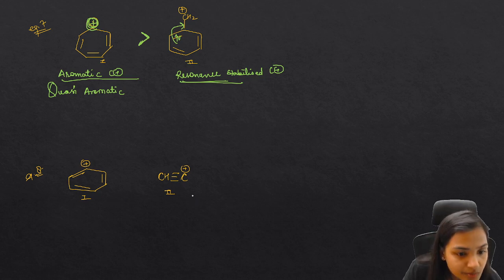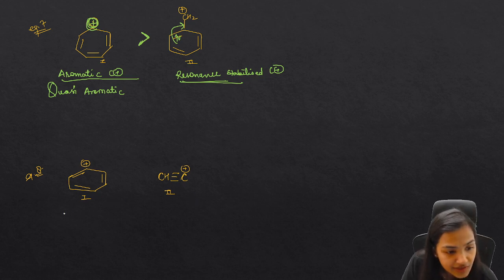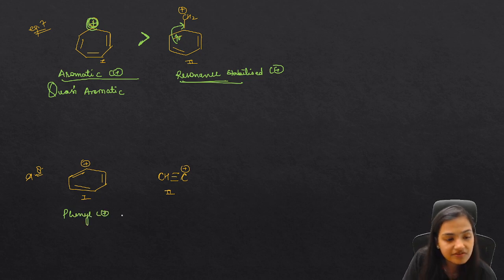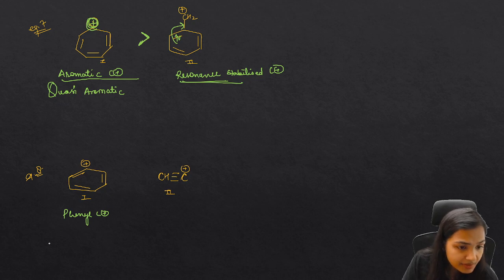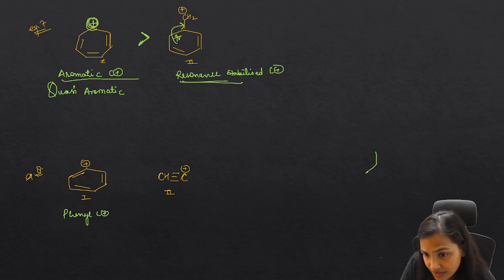If you see both the examples, this is a phenyl carbocation, and this is the acetylene carbocation. But if you compare, you know what? This is a carbocation. Is this having a trigonal planar geometry?